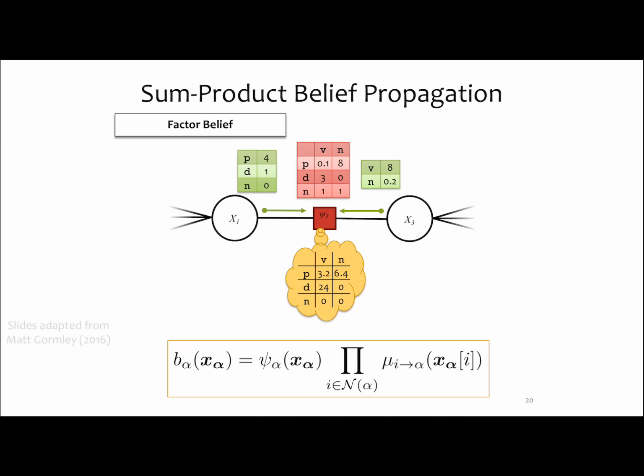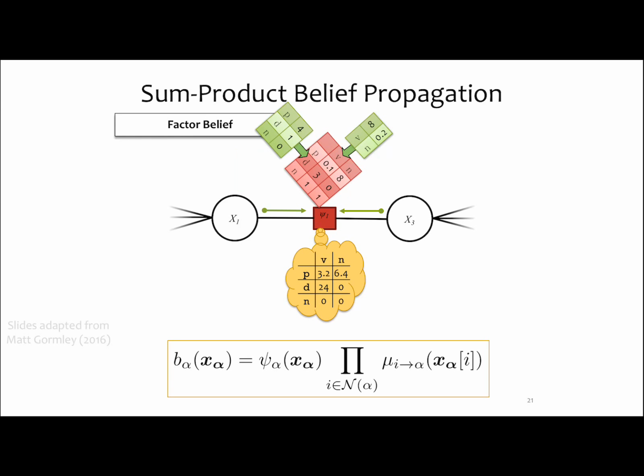You can view it as an outer product between the messages and an element-wise product with the factor. Another way of writing this is that if I call this x and this y, I can take x outer product y, and if I call this f, the function that's applied, this forms the belief of the factor.